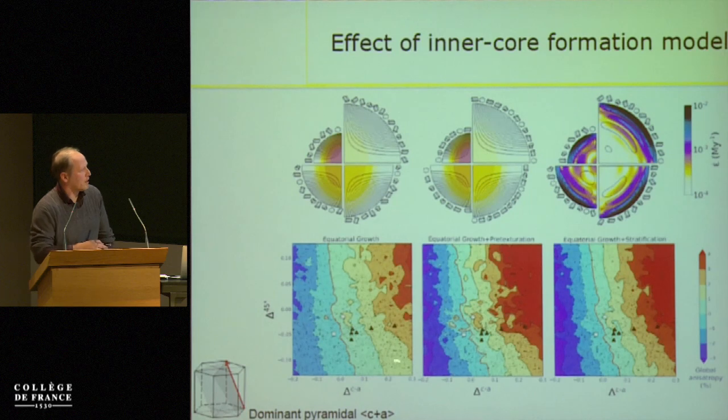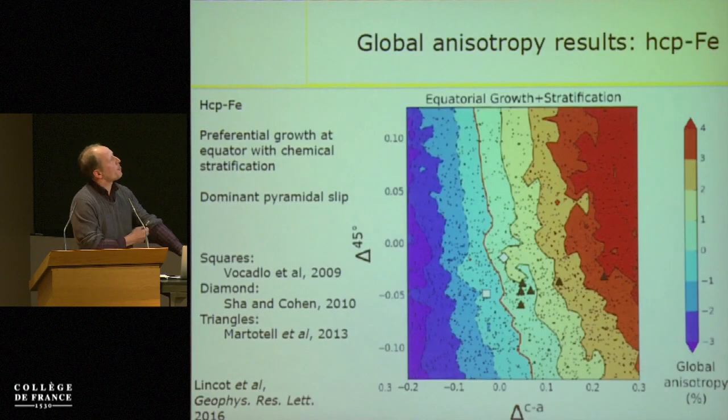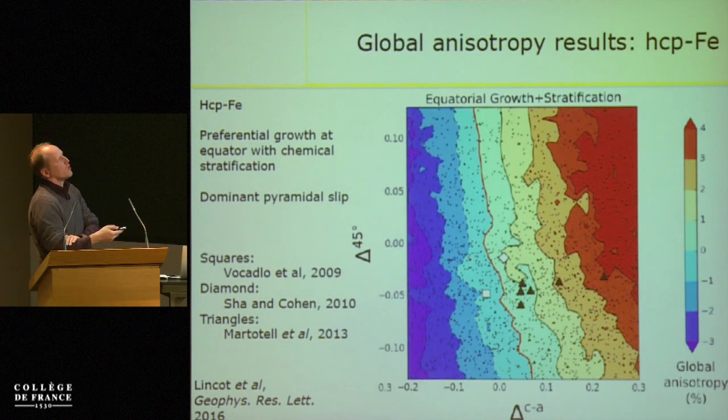All the little dots here are sets of elastic constants we tried, and the contours are contours of global inner core anisotropy. Anything that is in red or orange could be reasonable. I'm going to focus on this one, which is the one with chemical stratification, but I could use another one. So we have many models where we can get 3 or 4% or more anisotropy in the inner core.